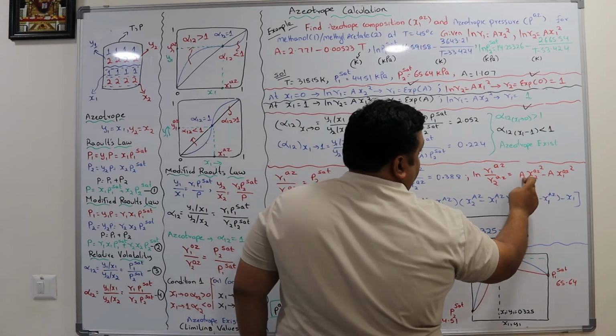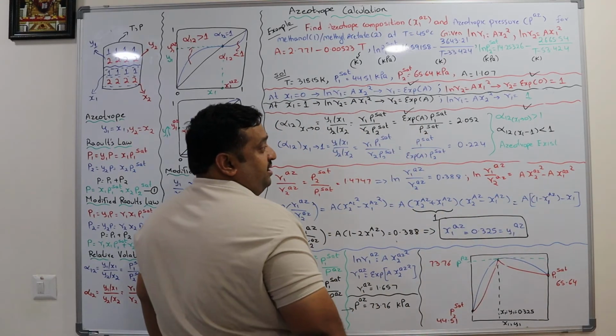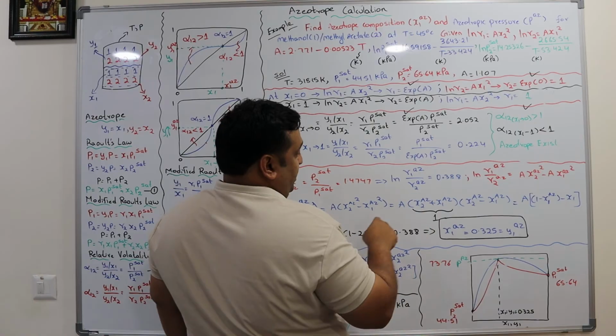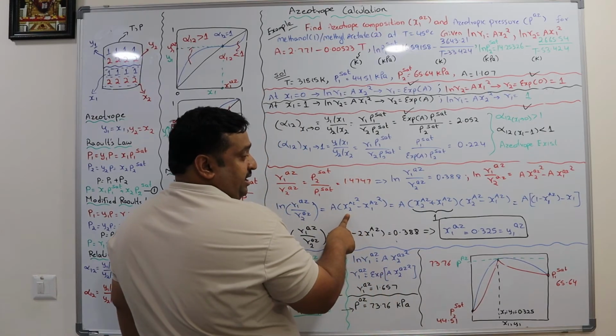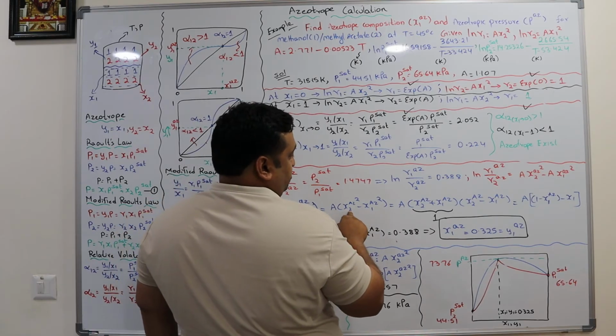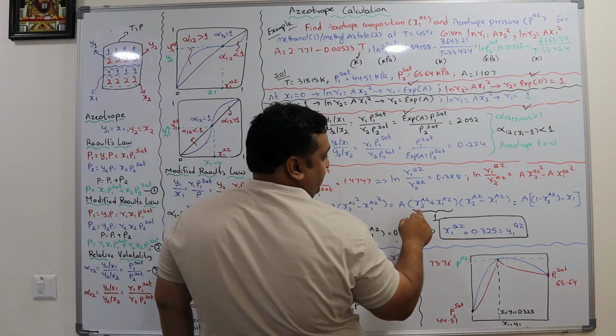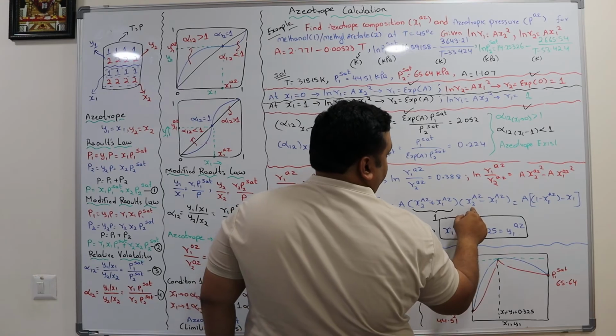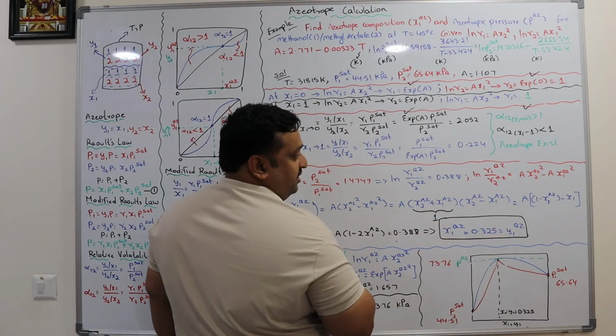if you take A common out, x2 square minus x1 square, then you know a plus b into a minus b, you can divide this. So A(x2 square minus x1 square) is nothing but A(x2 plus x1)(x2 minus x1).